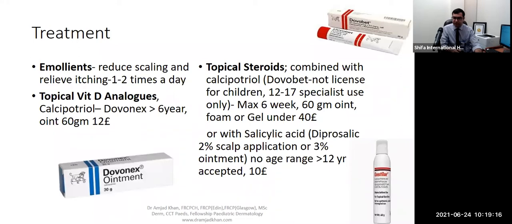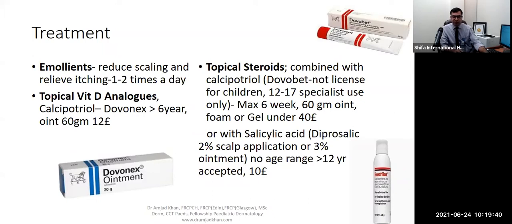And then we have foam and gel versions as well. I'm not sure if the foam is available here, but we might have to look into that, especially with the collaboration of our big citywide pharmacies. Salicylic acid preparations are available. Diprosalic is Betasalic and other products. There are so many other different names. I'm just giving you the names so at least you know they are available.